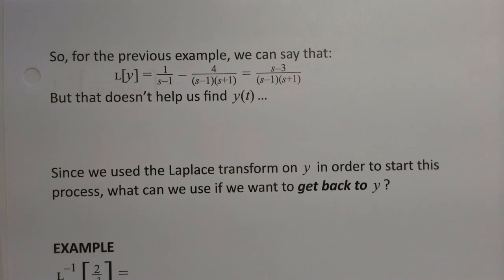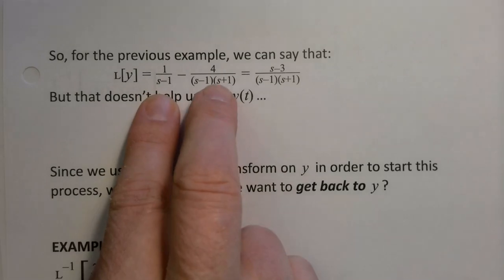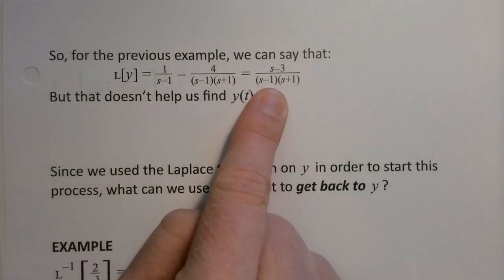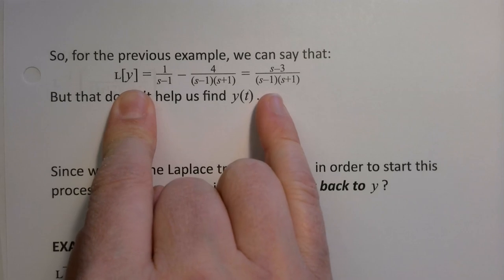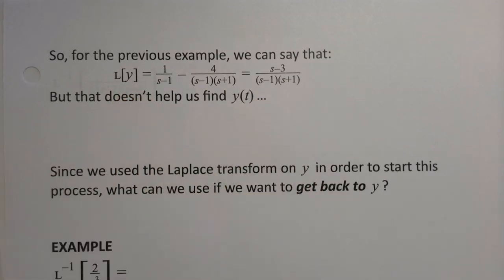for the previous example, we can say that with a little bit of manipulation, if I scoot these two guys together, I get this bigger fraction. The problem is that that equals this doesn't really help me solve y of t. So I kind of helped squeeze things together.